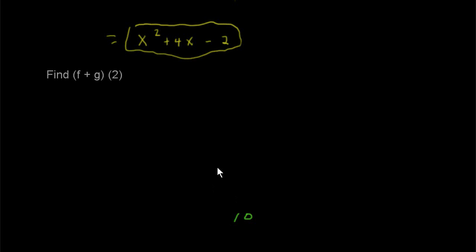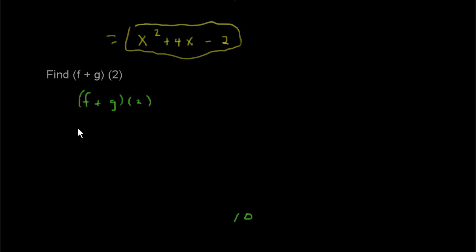If you didn't, we'll go ahead and work this out. And so we have f plus g of 2 is what we're trying to find out what that is equal to. And f plus g of 2, well, that's just going to be what f plus g of x was, with 2 replacing every x.